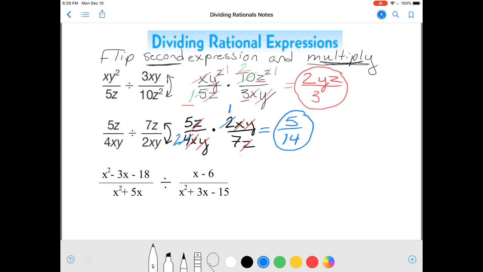This last problem I'm going to have you try yourselves after I help you set it up. So we're going to flip that second expression again.